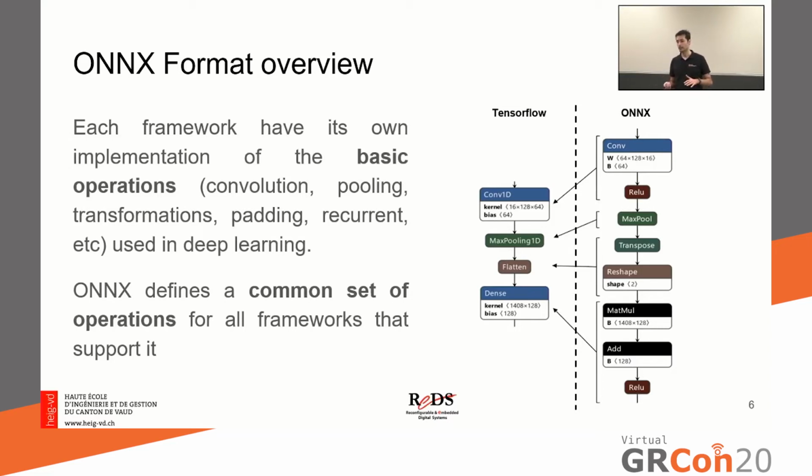So for TensorFlow, convolution includes the activation function, but in ONNX it is not included. And for example, a dense layer in TensorFlow is equivalent to a matrix multiplication in ONNX plus an addition plus an activation function. So this is how ONNX works. It defines these basic operations that can be translated to the operations in other frameworks.